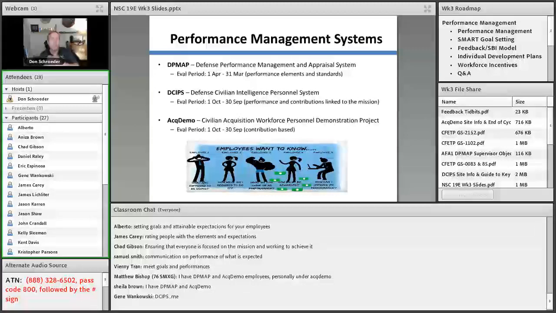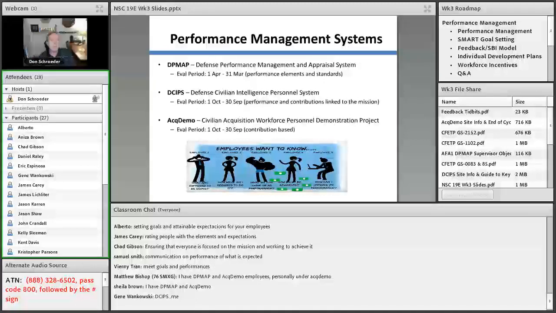So just to highlight real quick, because like I said, you have a lot of information in your reading about it. We're just going through the basics here. So you got your DPMAP, had a lot of people in DPMAP. That was our majority. And we just ended that eval period on 31 March, and I'll bet y'all that are in DPMAP went, yay! Glad that one was over with. But you can't really lay back on it, because pretty soon you'll be into the feedback sessions again.